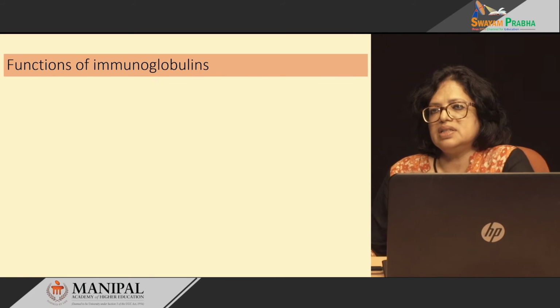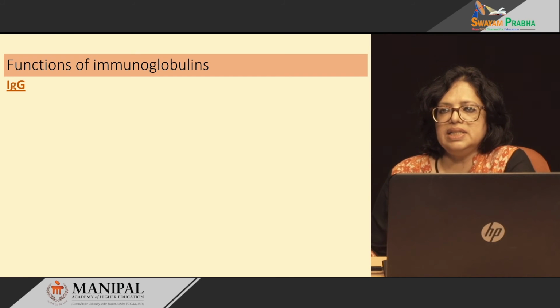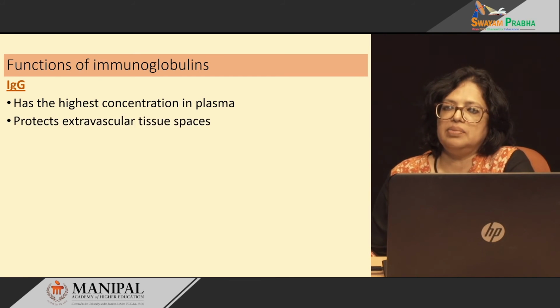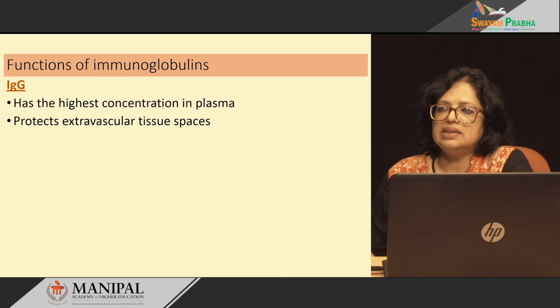Now, what are the functions of immunoglobulins? IgG is the highest concentration in plasma. It protects the extravascular tissue spaces.